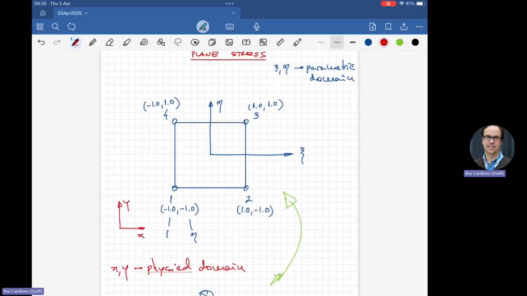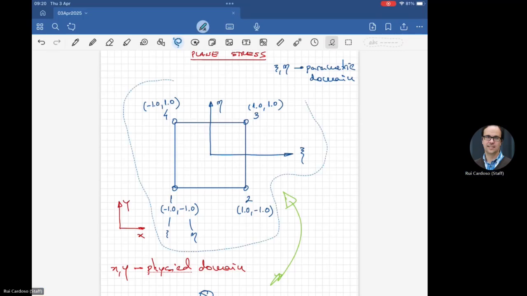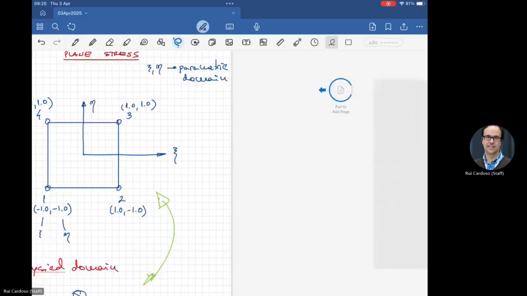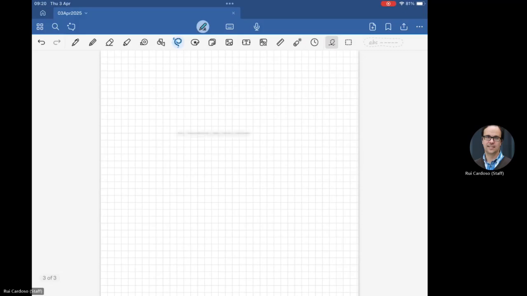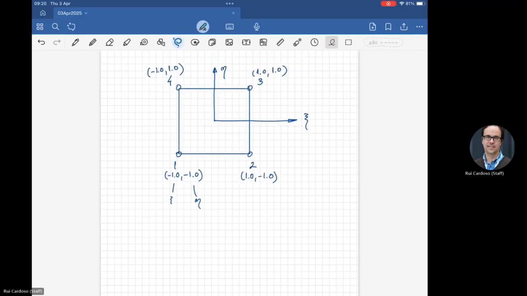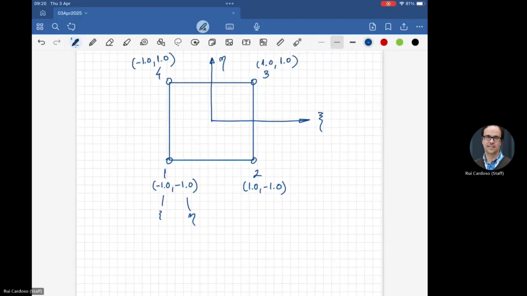So the shape function for node 1 is going to be 1/4 times (1 minus xi) times (1 minus eta).